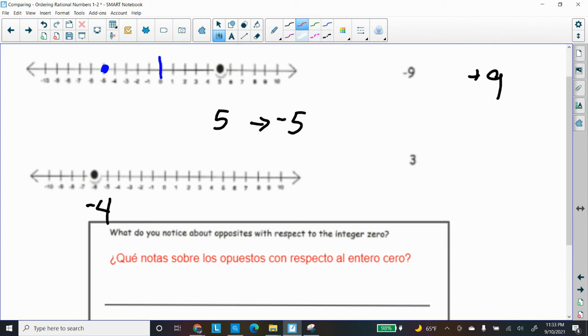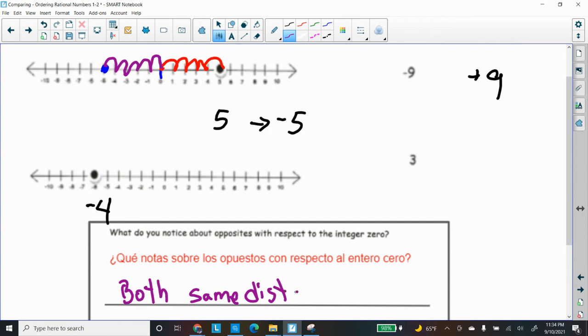If I notice something, I can count how many spaces. 1, 2, 3, 4, 5 spaces away from 0. So 5 is 5 spaces away from 0. Let me count them, how many on the other side. 1, 2, 3, 4, 5 spaces, -5. So I notice they are both the same distance away from 0.